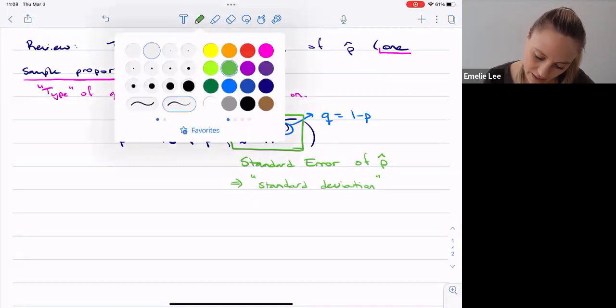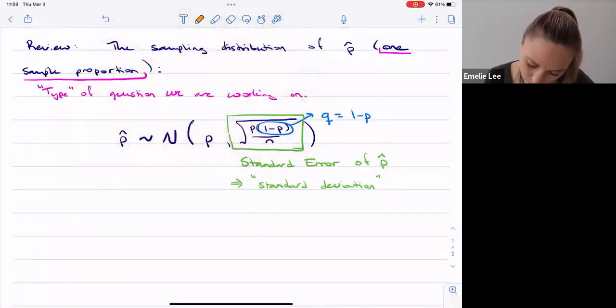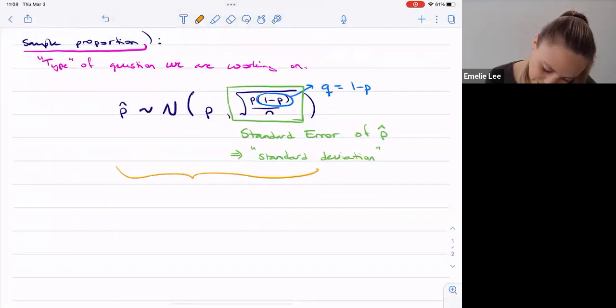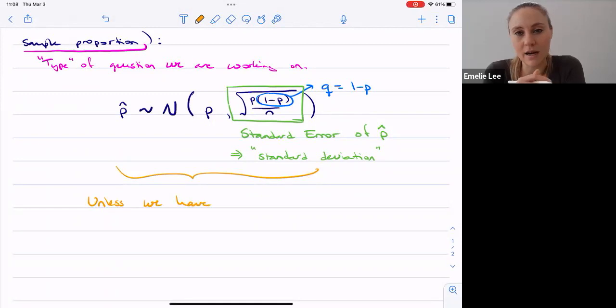One thing that we notice here is that, unless we have, and there's a reason that I'm being very picky about saying, okay, unless this is true, unless we have some hypothesized value of p, because if we know p, there's no sense in trying to use p hat to try to figure out what it is, right?